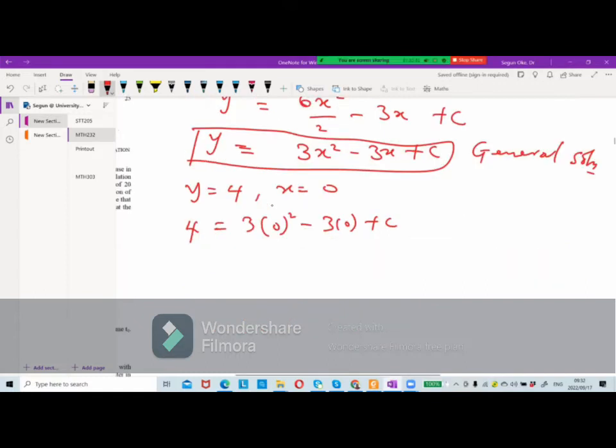So you agree with me that my c is equal to 4. Then go back to the general solution, which will now turn to the IVP, the initial value problem solution, which will be y equals 3x squared minus 3x plus 4. That's what they asked you to solve.